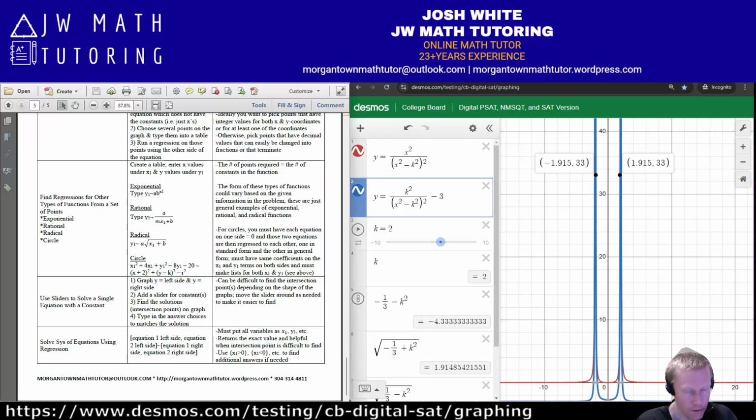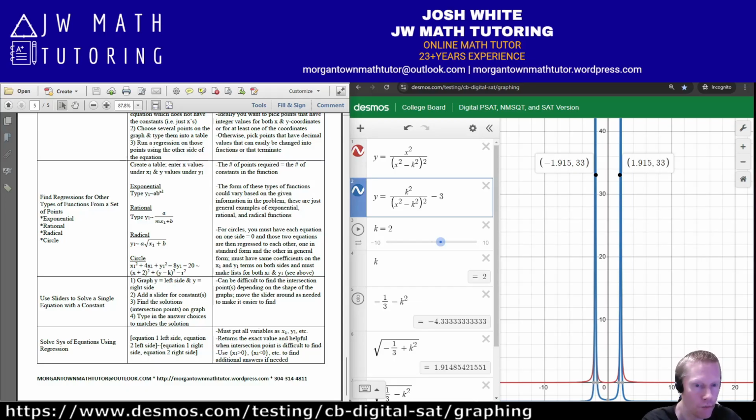All right, so now this is at the bottom of the page. This is the last skill or operation that's part of my advanced Desmos skills. And this one is solving systems of equations using regression.